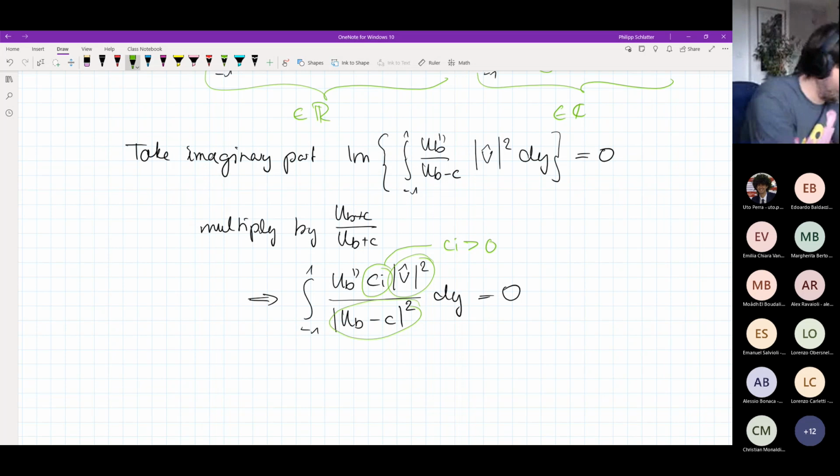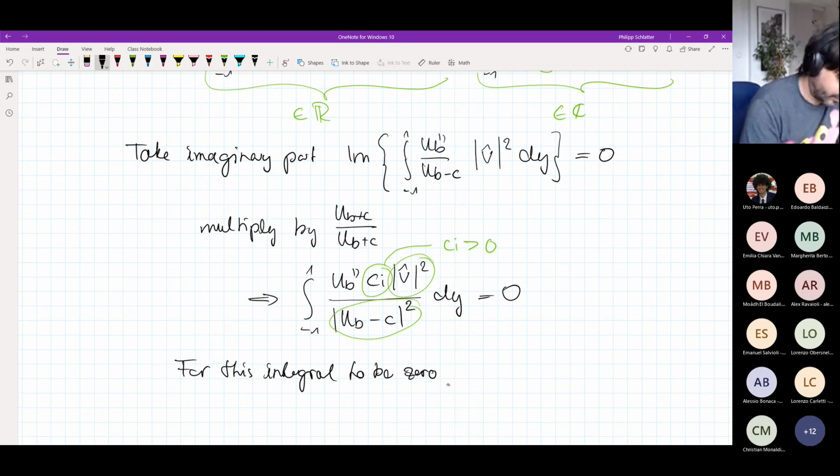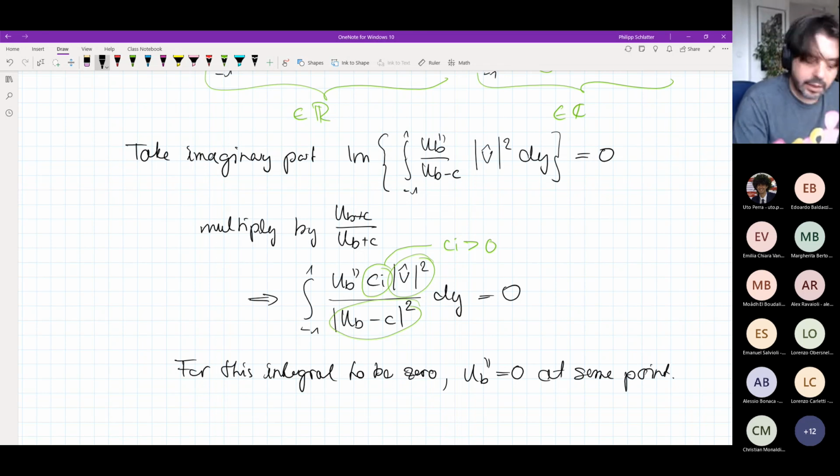So that's the argument of Rayleigh. For this integral to be 0, ub double prime needs to be 0 at some point in the domain.